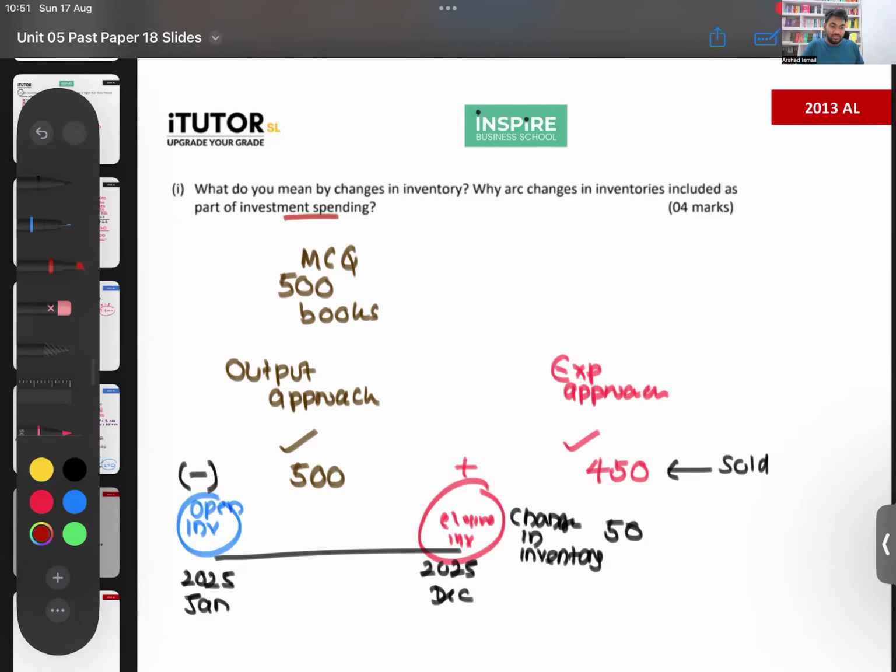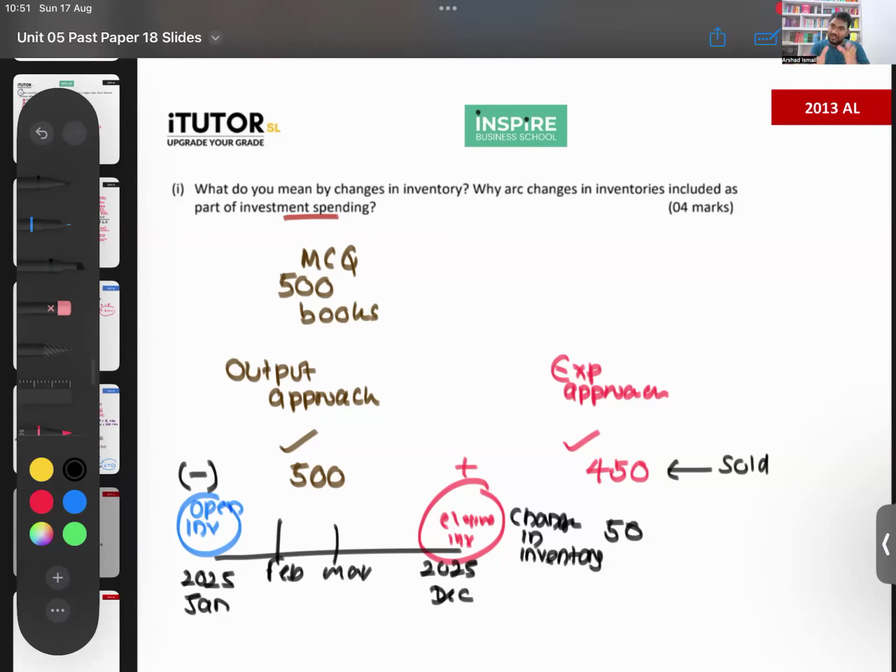Whatever is produced this year and sold this year, no problem. But the issue comes when something that was produced last year gets sold this year, or something produced this year gets sold next year. That is where the adjustments come. For example, if something was produced in February and sold in March, there is no inventory adjustment.